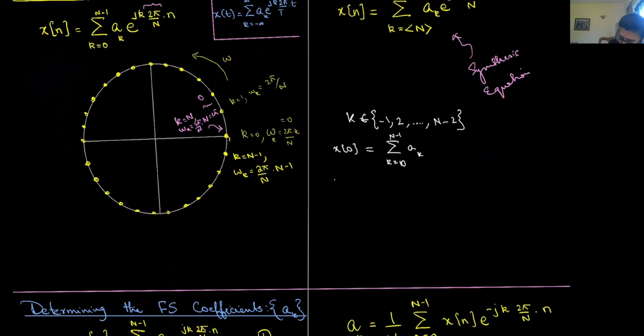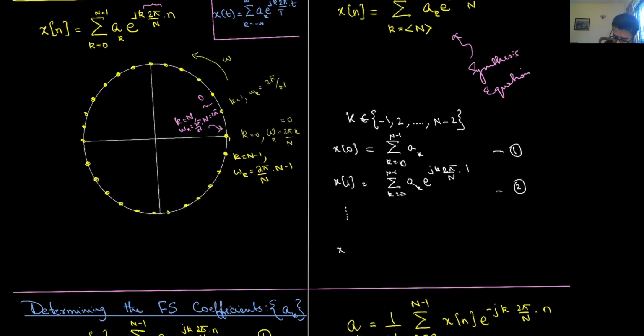This is one equation. And then x of 1 is the summation k equals 0 to n minus 1 of a sub k e raised to the power j k 2 pi by capital N times 1, because small n equals 1. So this is equation number 1, this is equation number 2, and so on and so forth.